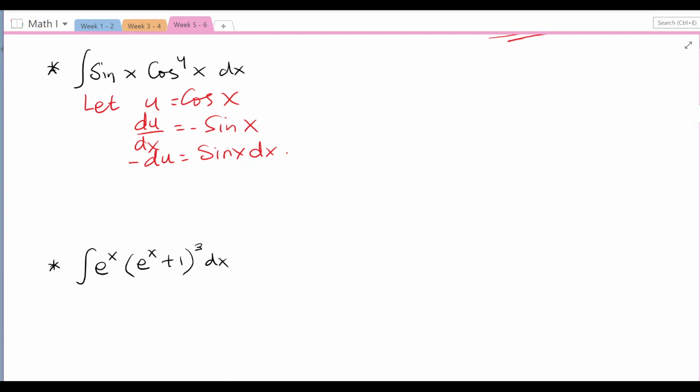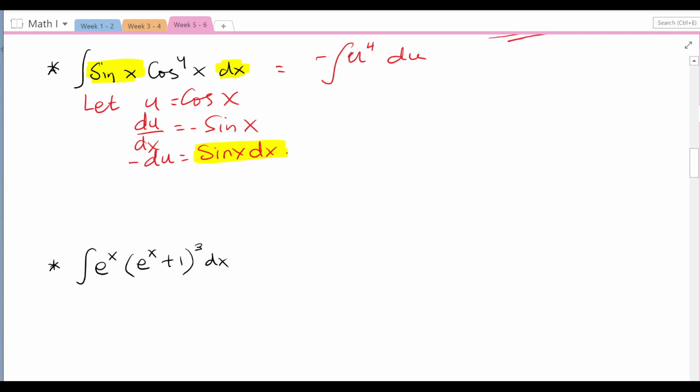Because we have sine x dx in here, we can replace the equation to become, you can see here, sine x dx equals negative du.